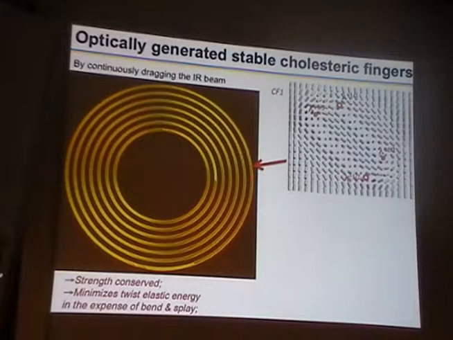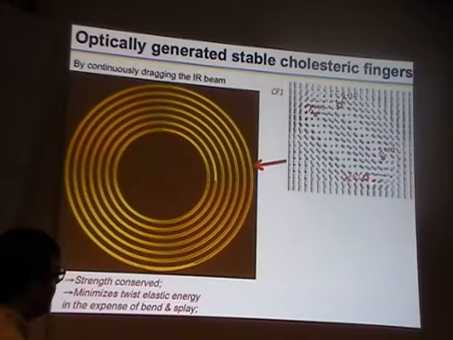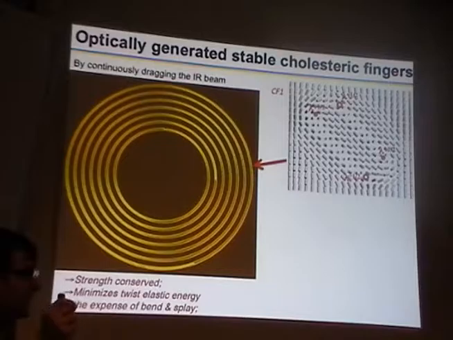So those are disclinations which are non-singular in nature, so they don't cost much energy, but in here they allow us to introduce cholesteric twist in an initially unwound frustrated cholesteric cell, right? So by laser light you can relieve this frustration.